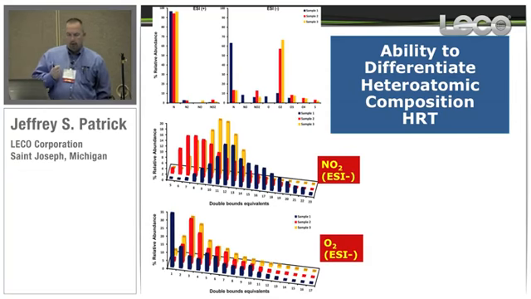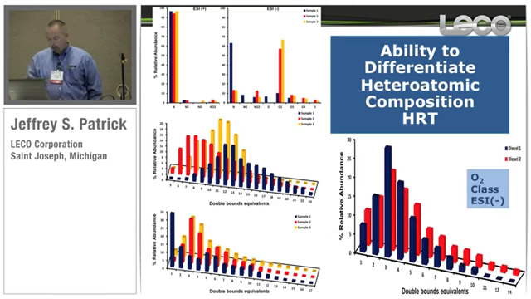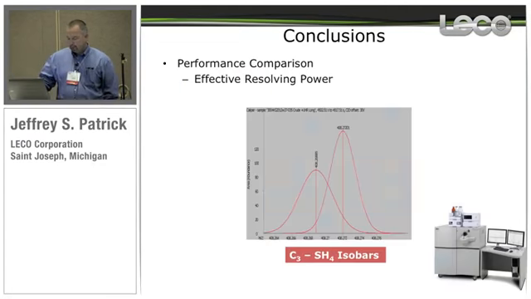So the TOF has a very clear capability of differentiating and breaking out the contributions in a manner very similar to what's been achieved with FTMS in the past. And then in this case over here, this is just two different diesel samples profiled in the same way using negative ion electrospray, showing the differences in distributions.